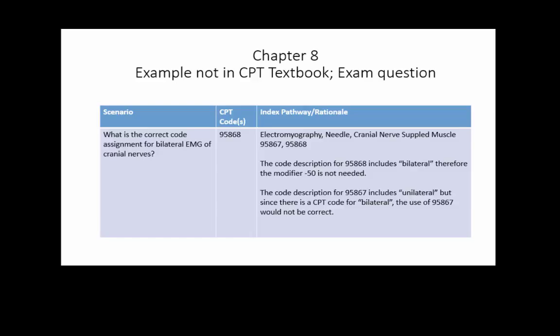We have two codes there. The code description for 95868 includes bilateral, so we don't need the modifier 50. 95867 includes unilateral, but since there is a CPT code for bilateral, we're going to use 95868. So again, pointing out the importance of reading those code descriptions.